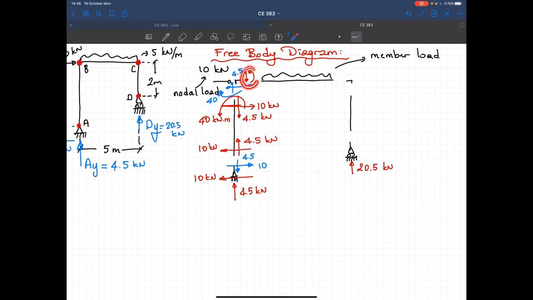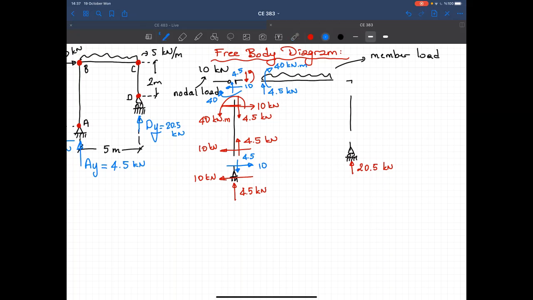So at this end, I only have a vertical force and the moment. Transfer this moment to this member. So at this end of the member, I have a moment equal to 40 kilonewton meters and a shear force equal to 4.5 kilonewtons. So after that step, this node also is in equilibrium and we transfer the end forces to that member.